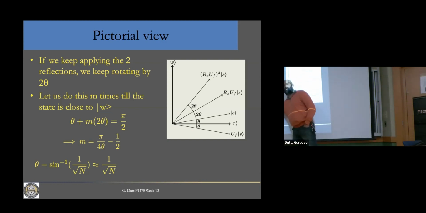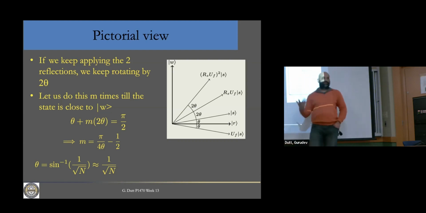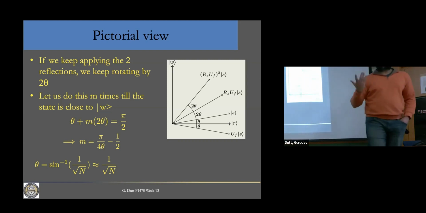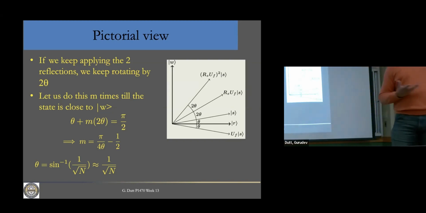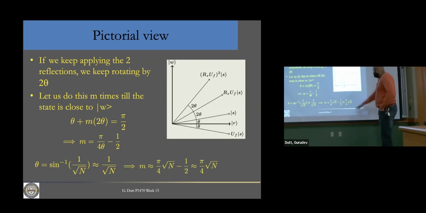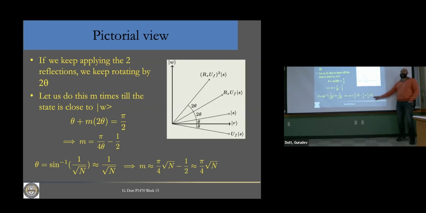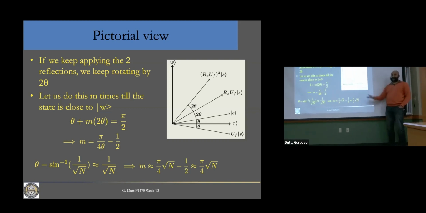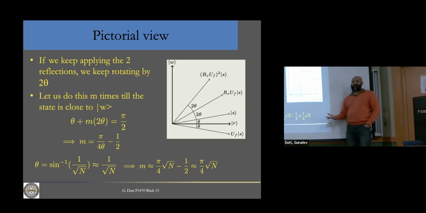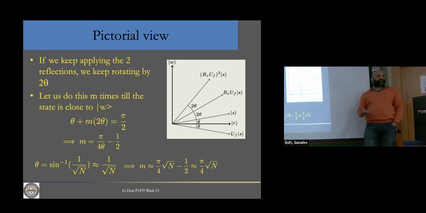And for small theta, this is approximately 1 over root n, which is true because as soon as n becomes large, the number of bit strings is large, which means n is 2 to the power n, this is going to definitely hold quite accurately. So substituting that back into the expression for m, we see that m basically goes as square root of n. So this gives us a square root of n speed up over normal search.